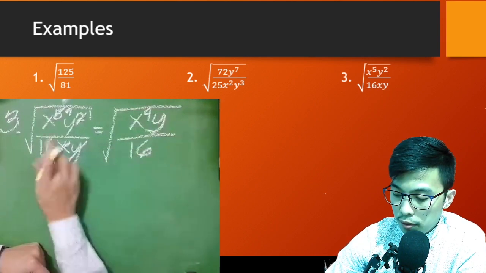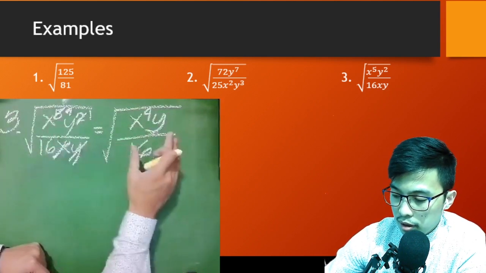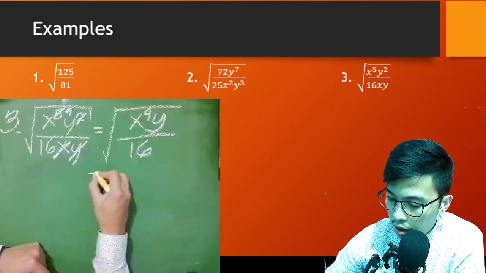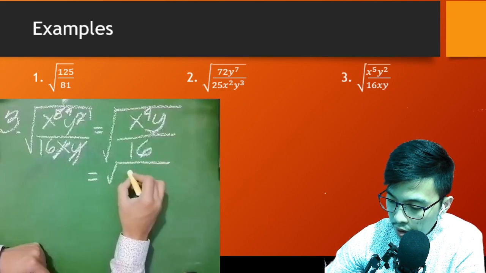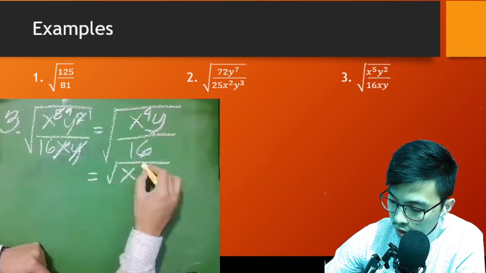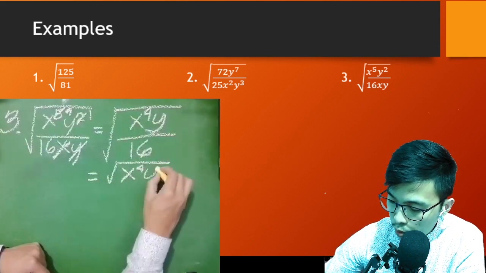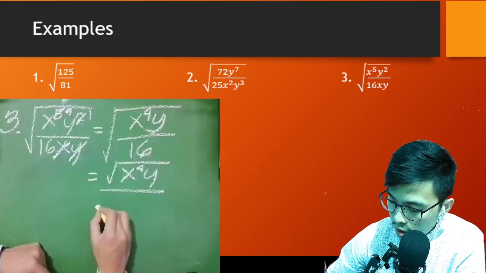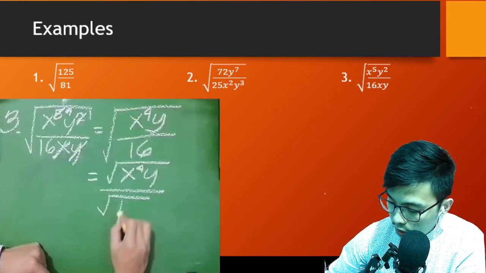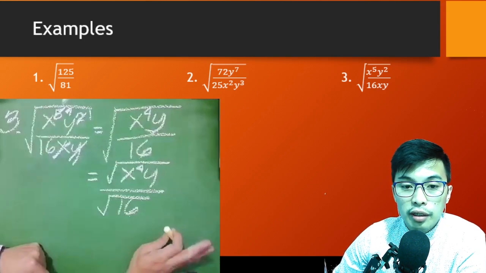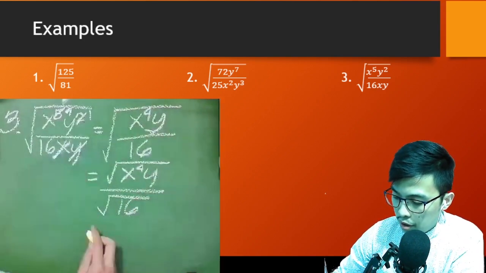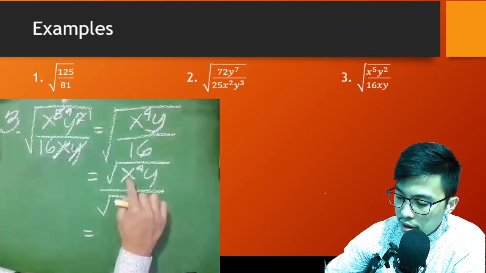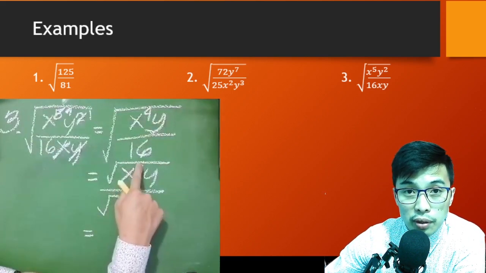Okay, so the simplified form of this is already this. And then we can already break it down, or separate the radical sign: square root of x raised to the power of 4 times y over square root of 16. Okay? And then we can already simplify this. What is the square root of x raised to the power of 4?